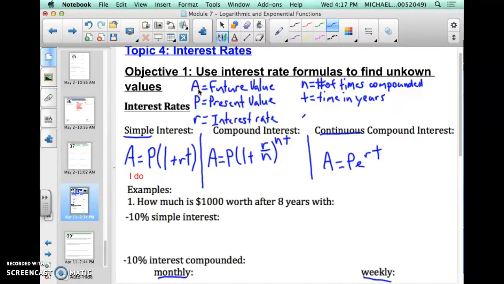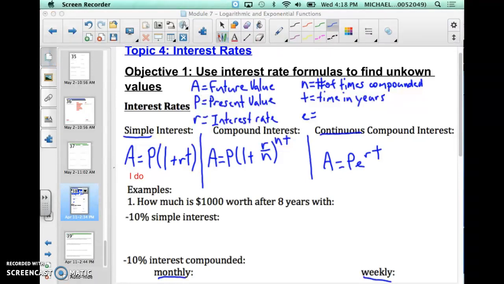And then the other one, you see the E is a number, just like pi is a number. You know, pi is an irrational number. E is a number founded by a guy named Euler.